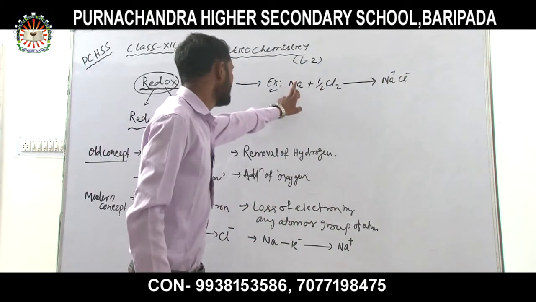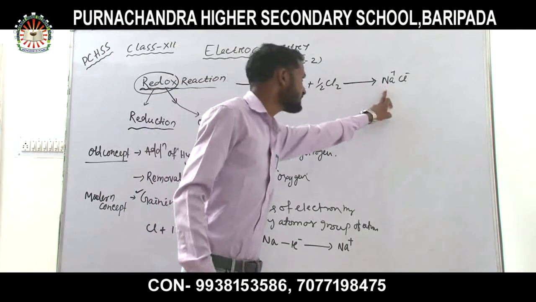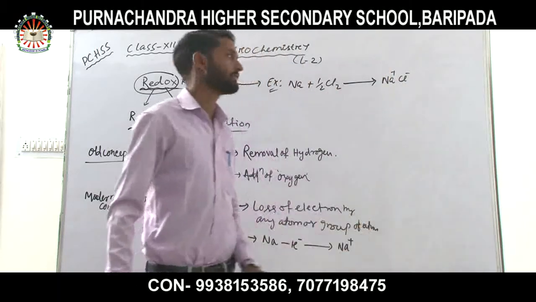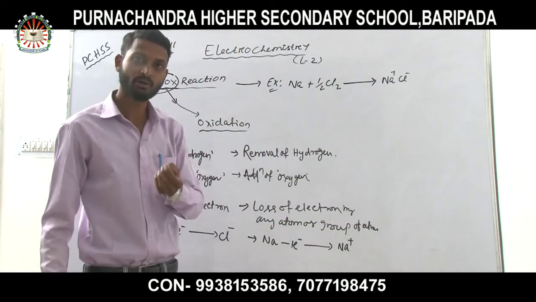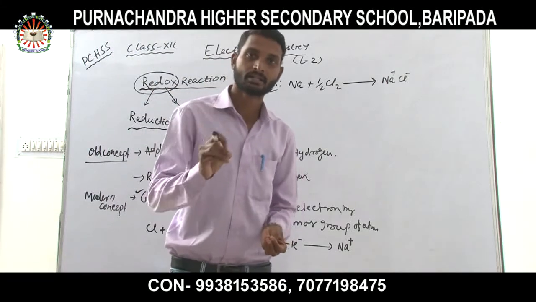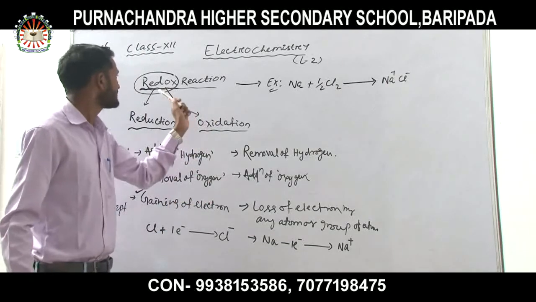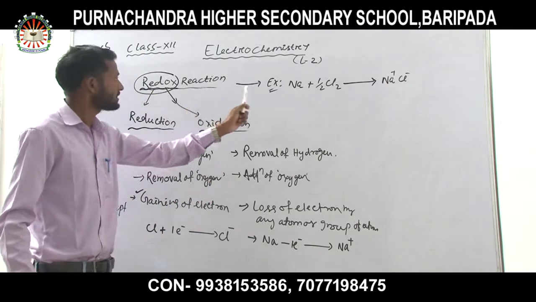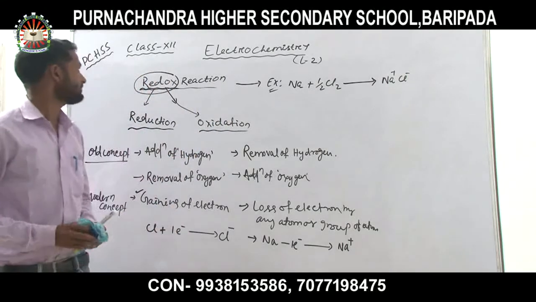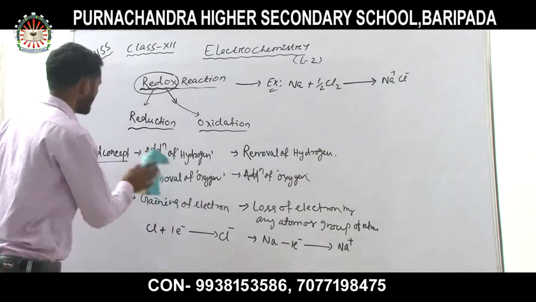In that case the sodium metal loses its electron to get the Na plus ion, and chlorine gains an electron to become the chloride ion, due to which Na plus Cl minus is formed, and the compound is NaCl, like table salt, which you already know. So in that reaction the redox reaction takes place. My dear students, the concept of redox reaction is very important.